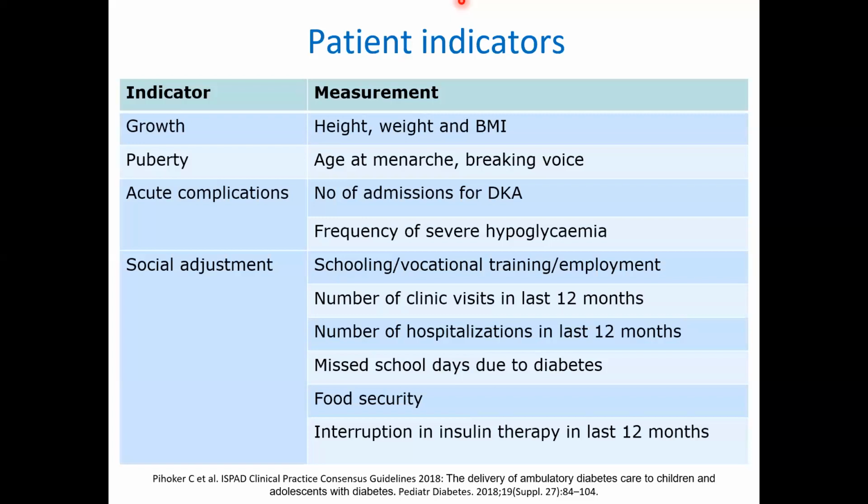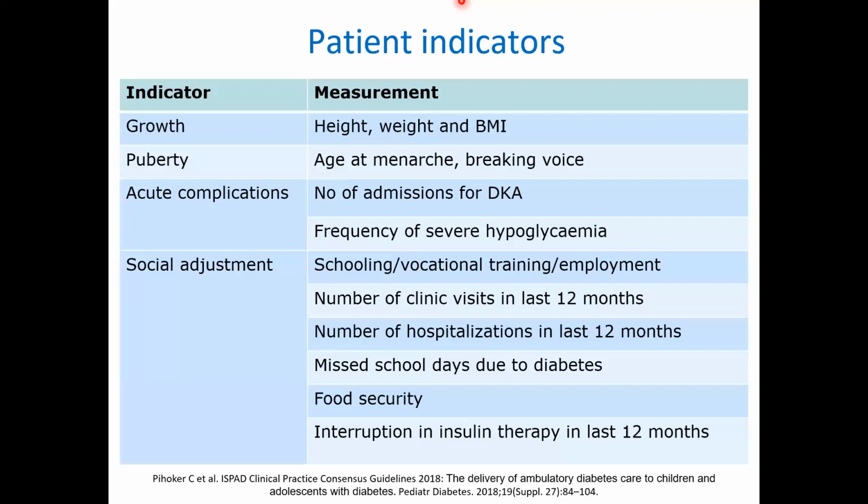How is their performance in school and how is the support system there? Also look at employment for the older ones. Are they able to get employment and not be discriminated against because of their diagnosis? And then we also look at the number of clinic visits in the last 12 months. Are patients skipping their appointments?